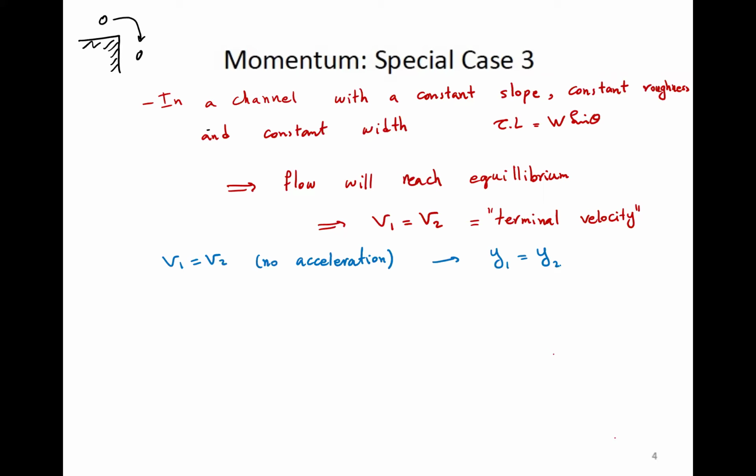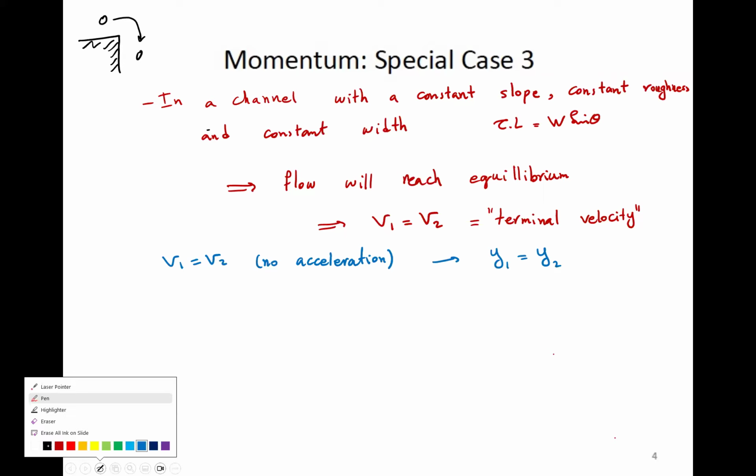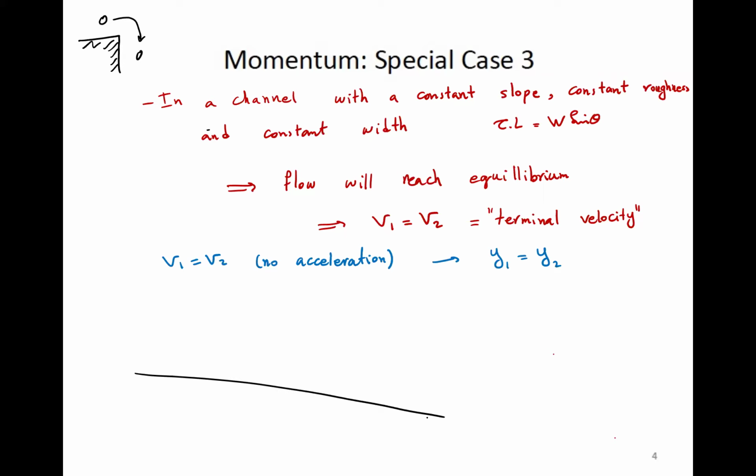We know that already from the definition of uniform flow, but let's look at it from a different perspective. So we have this longitudinal section of a flow, and we are going from 1 to 2, that's our water level, and we have a depth of Y1 upstream and a depth of Y2 downstream.